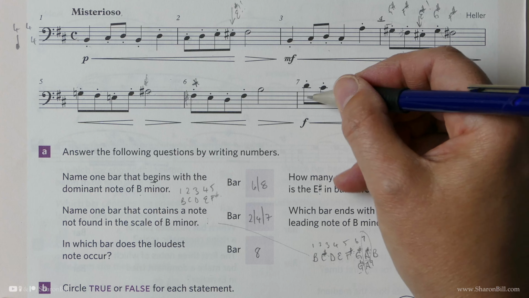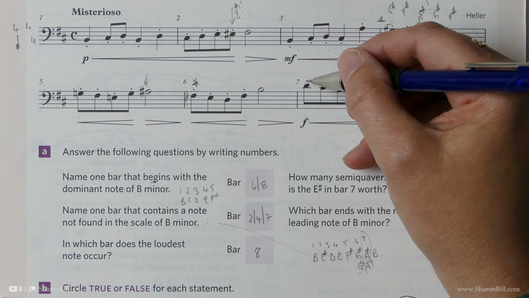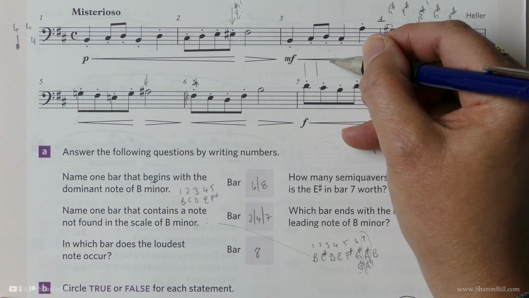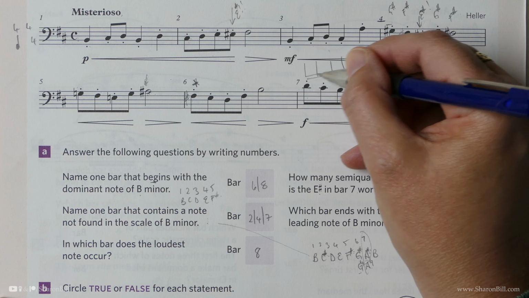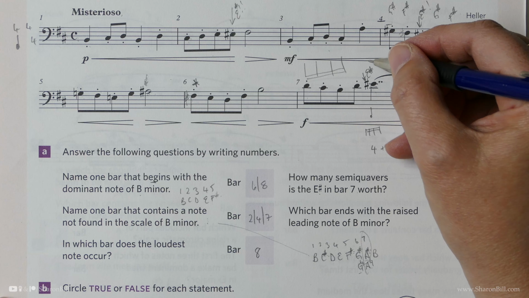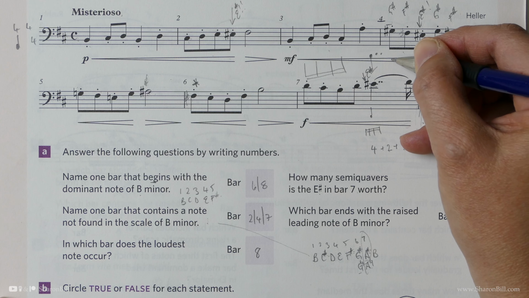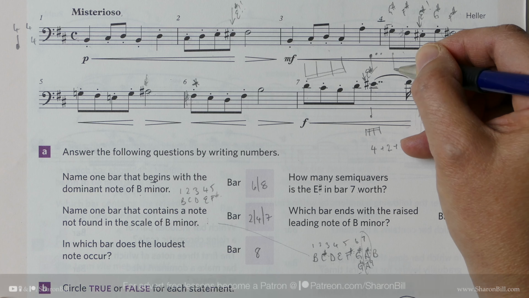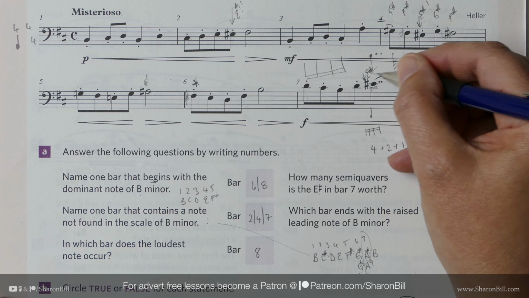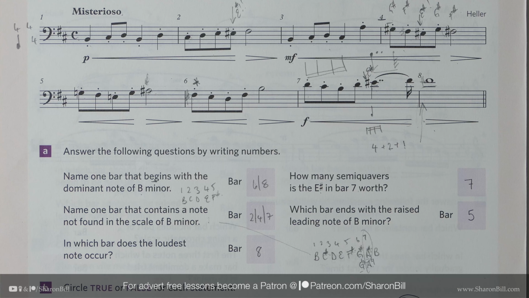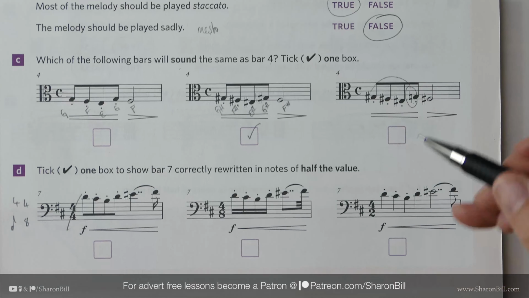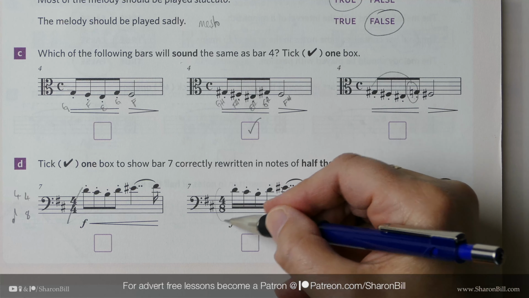So if we're halving everything, 4 quavers becomes 4 semiquavers, and then we will have a double dotted quaver with a demi-semiquaver, and they will be beamed together. And so here we have 4/8, that's correct.